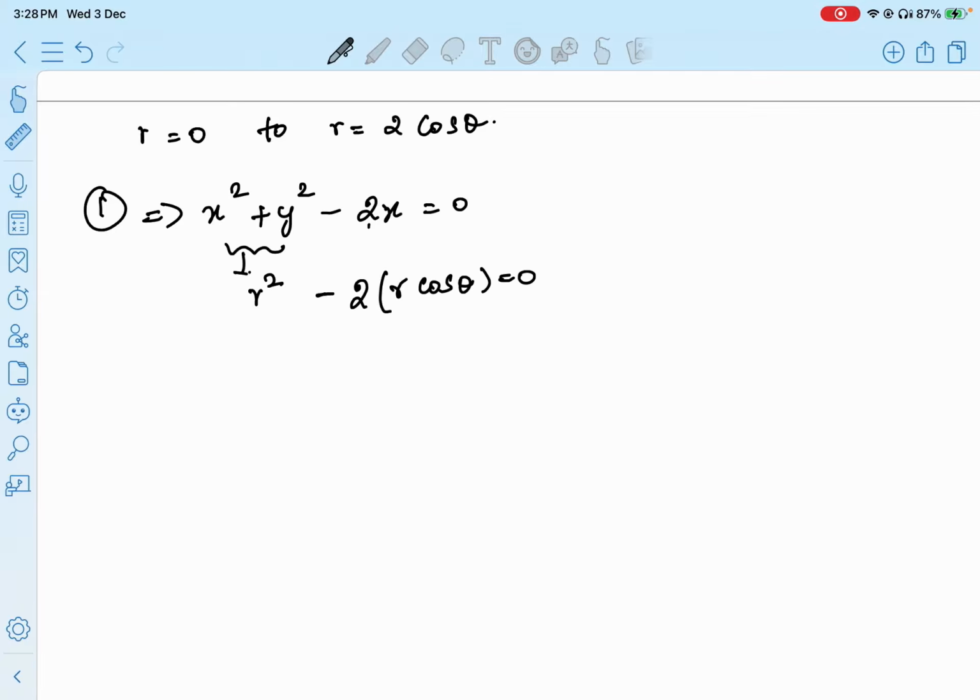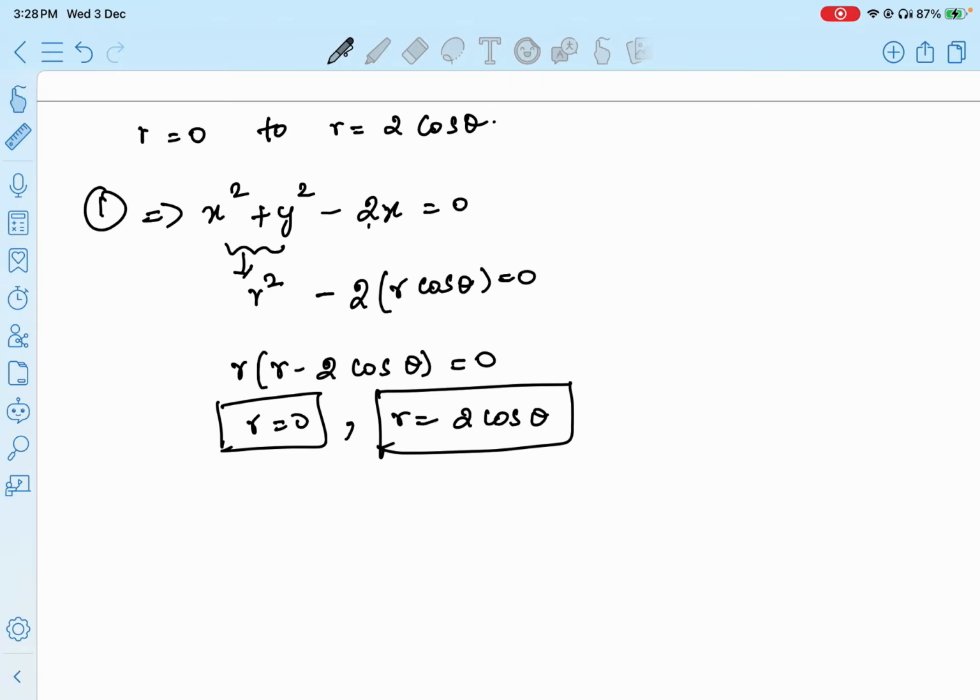We can write it in the form r into r minus 2 cos theta equal to 0. So r equal to 0 and r equal to 2 cos theta.